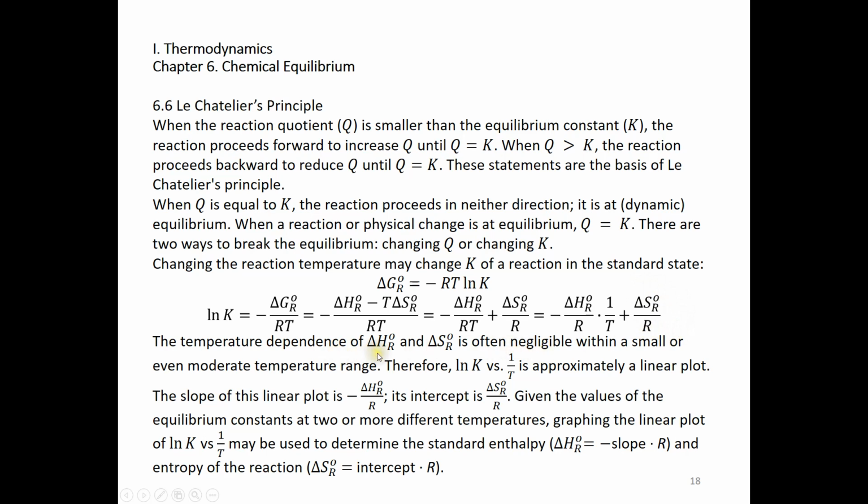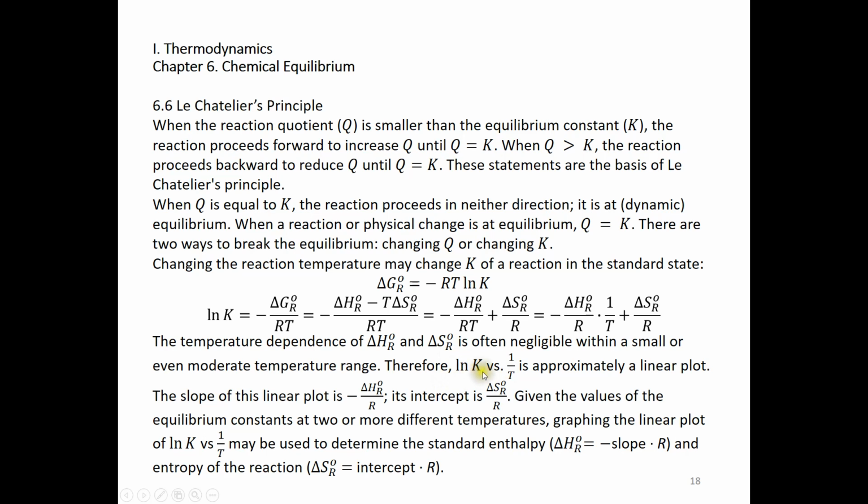The temperature dependence of the standard enthalpy of reaction and the standard entropy of reaction is often negligible within a small or even moderate temperature range. This is just because the integral of ΔCp,m is small compared to the standard enthalpy of reaction. The integral of ΔCp,m over T dT is relatively small compared to the standard entropy of reaction at room temperature.